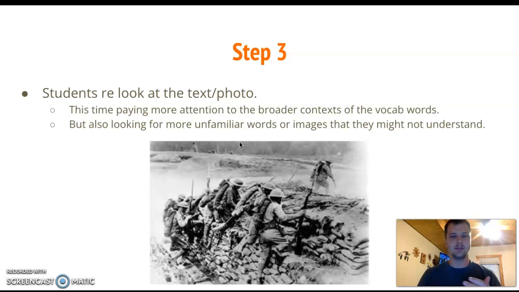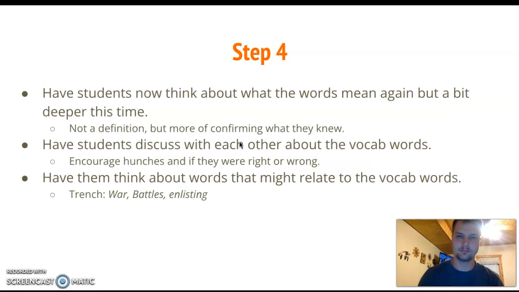This isn't quite the same image, but it's something similar to what I had already used, and they can make correlations already. If I was teaching this regularly, I would have the normal one here more than likely. And as they're going, you have them look for more unfamiliar words that they might want to explore a little bit further.